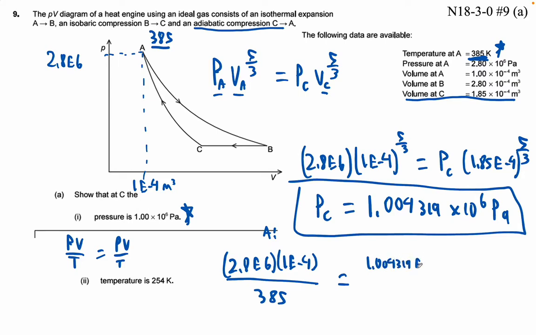1.004319. They're going to use 1 times 10 to the 6th, even though it's rounded. Okay, and then our volume is 1.85 E minus 4. And then there's the temperature at C, right? So now we can do math, right?